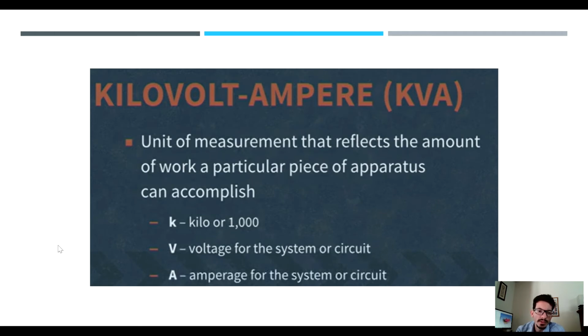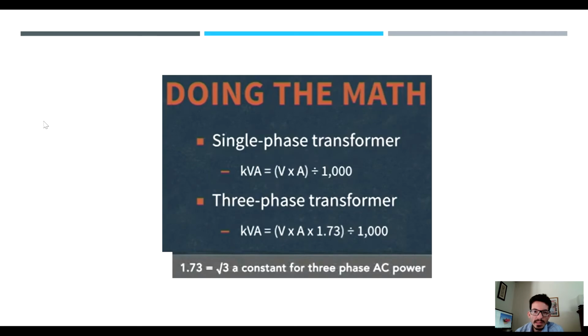So if we want to find the kVA of a single-phase transformer, it only requires the operating voltage times the amperage going through, divided by 1,000. So 120 times 10 amps divided by 1,000 would be a way of computing the kVA, the kilovolt amperage of a transformer for a single-phase operation.